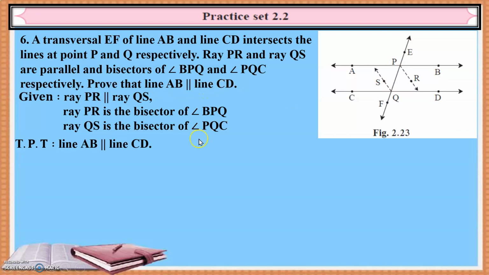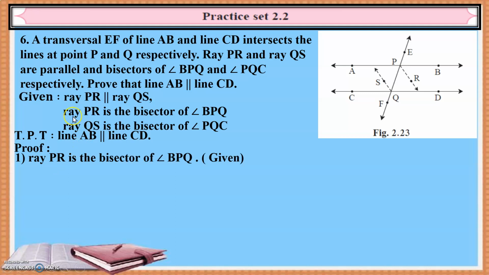Now this proof is similar to the proof that we did earlier, the fifth question. Okay, so let's write the proof. Like in the previous sum, we started with the first bisector. Here also we'll start with the first bisector, that is ray PR is a bisector of angle BPQ. So when this is a bisector, we know which two angles will be equal.